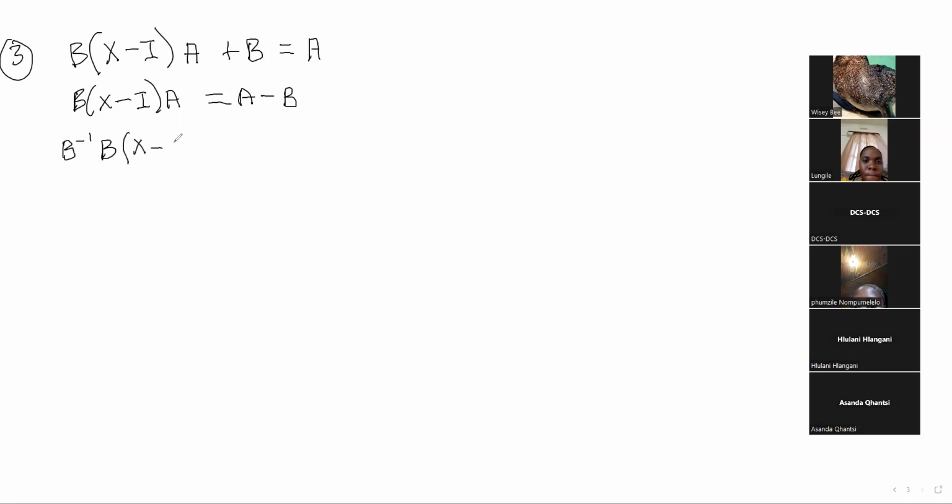This time around, I'm putting the B on the left. And this will cancel each other. And I'm going to be left with X minus I A. And then I'm just going to distribute here.